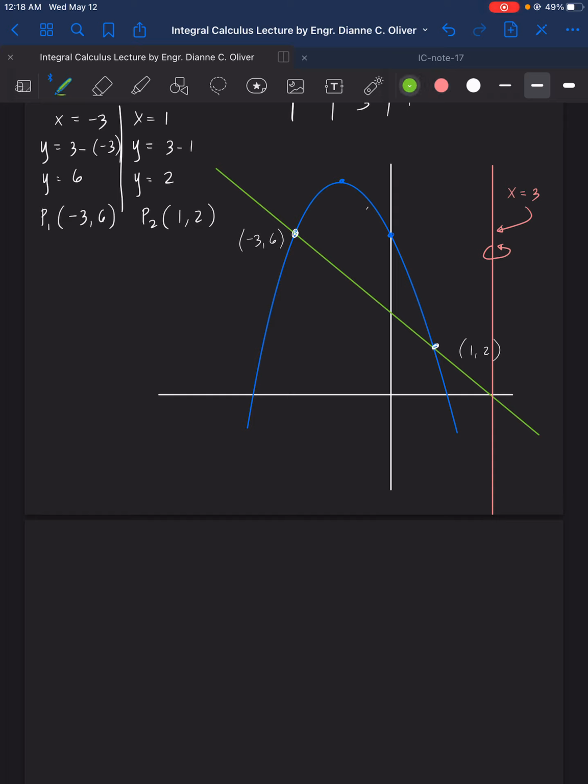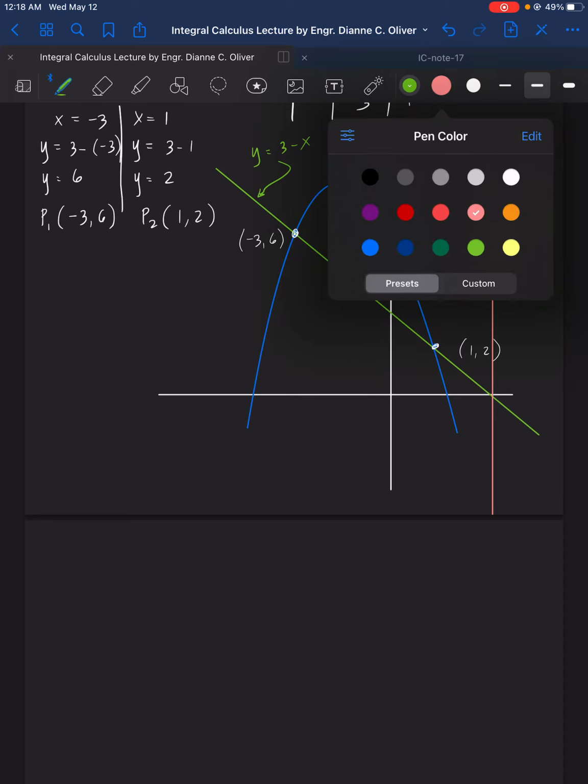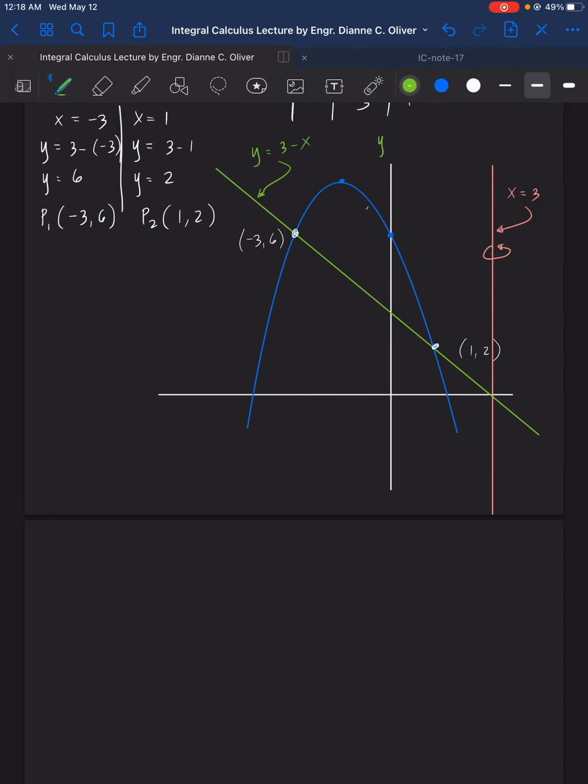Okay, so this is our line, y is equal to 3 minus x, and this is our curve, y is equal to negative x squared minus 3x plus 6.